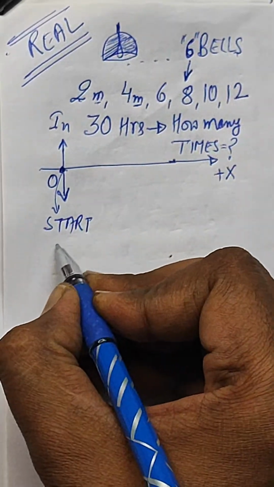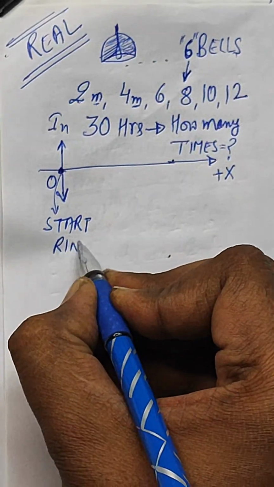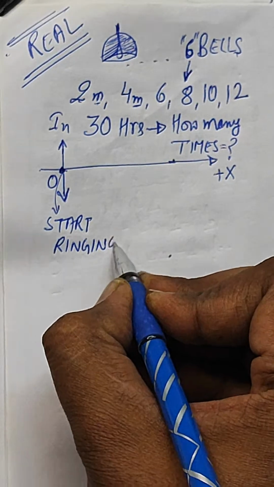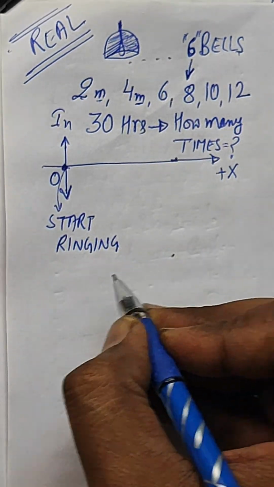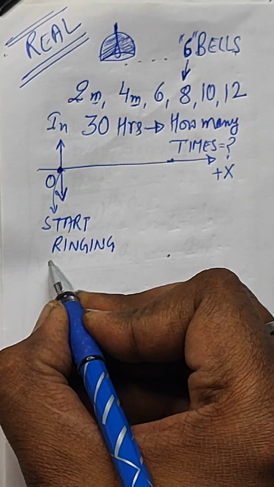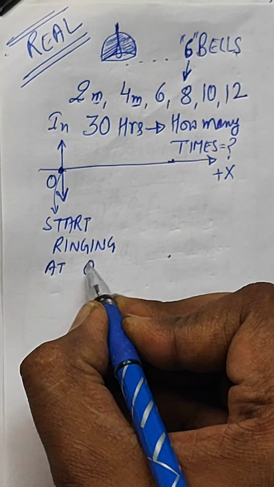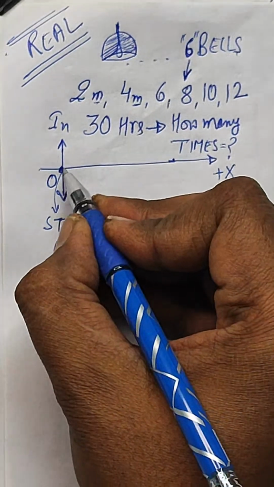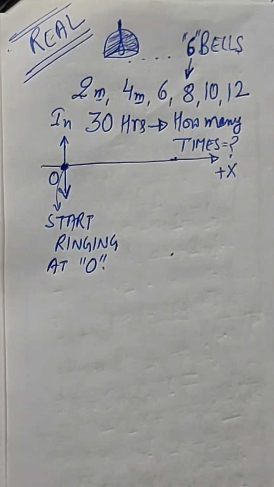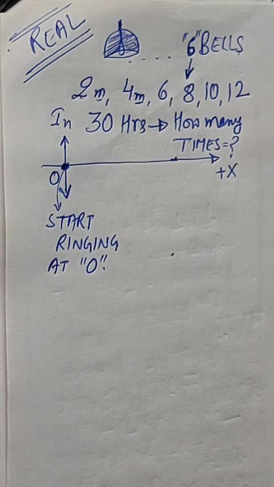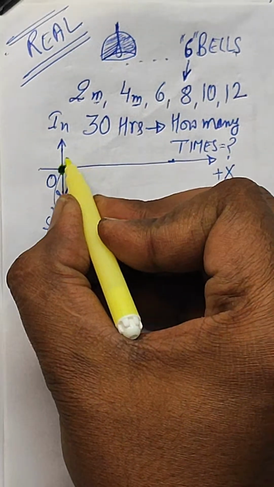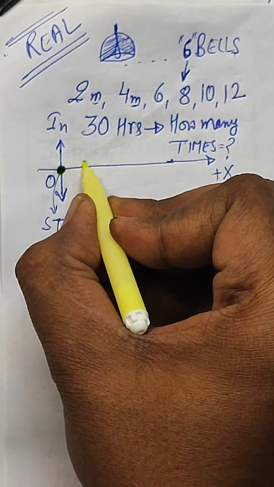So the bells start ringing from this zero origin. If the bell starts ringing at this place, then the first bell will be ringing after 2 minutes like this.